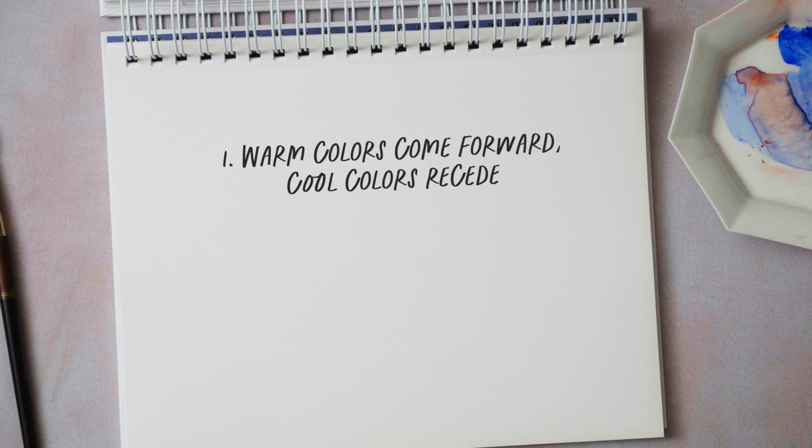Well, here are some actionable tips so that you could actually hit the ground running on your next painting. Number 1, use color temperature to your advantage by using warm colors to come forward and cool colors to recede in the background. 2, always try to identify your light source before you start painting anything.